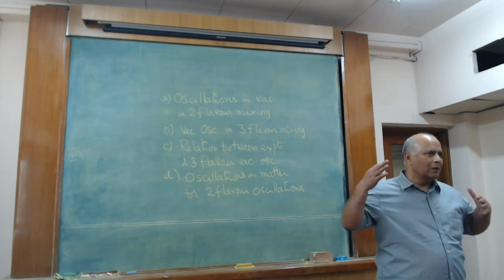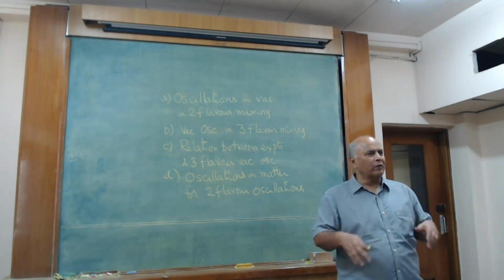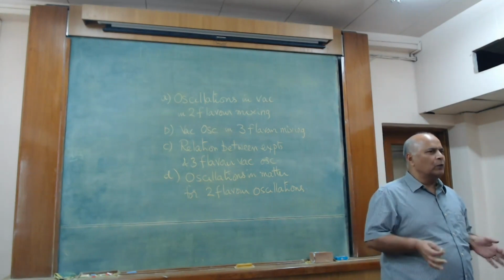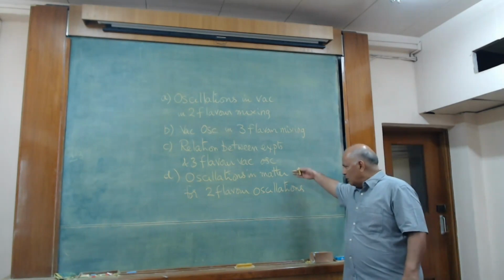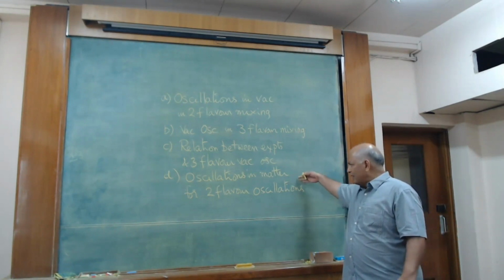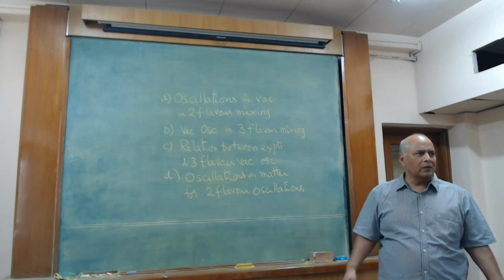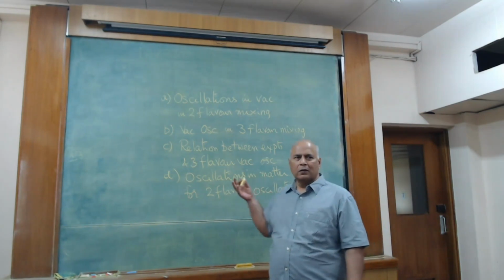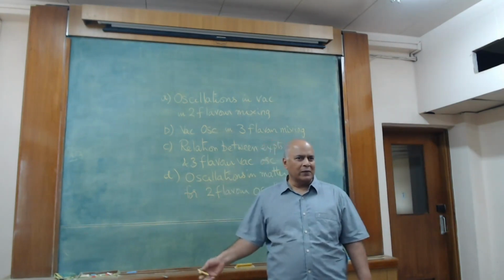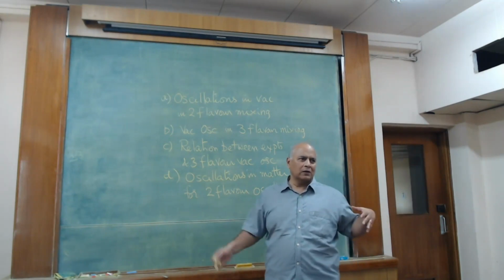It's been known for 2000 years, but solving a cubic equation is much more difficult. So we'll have exact solutions in the case of two-flavor oscillations, but for three-flavor oscillations with matter effect, we have only approximate solutions as far as algebraic expressions are concerned.